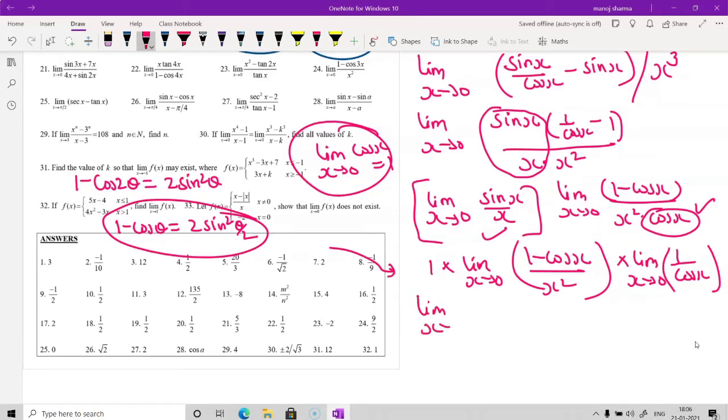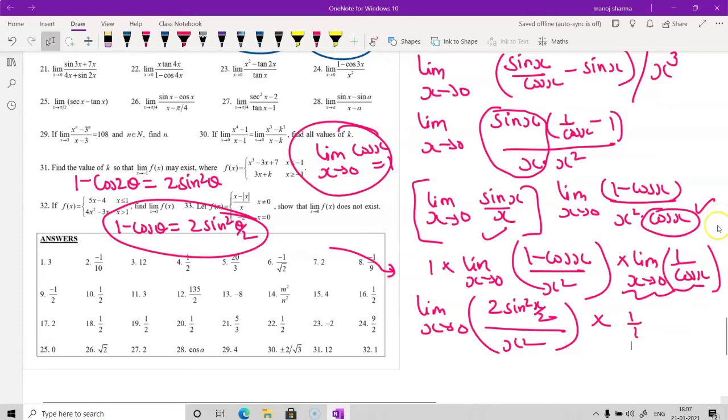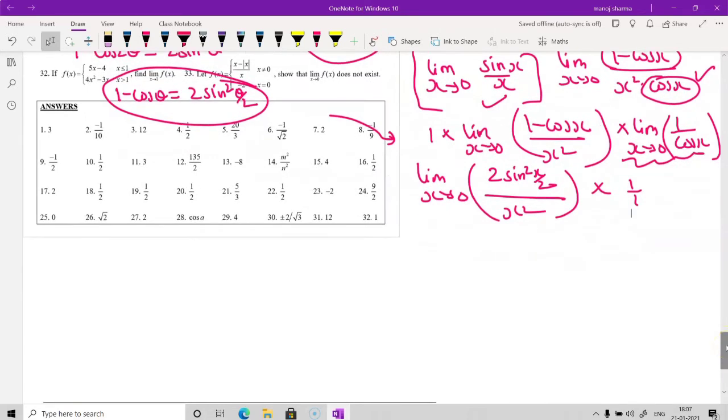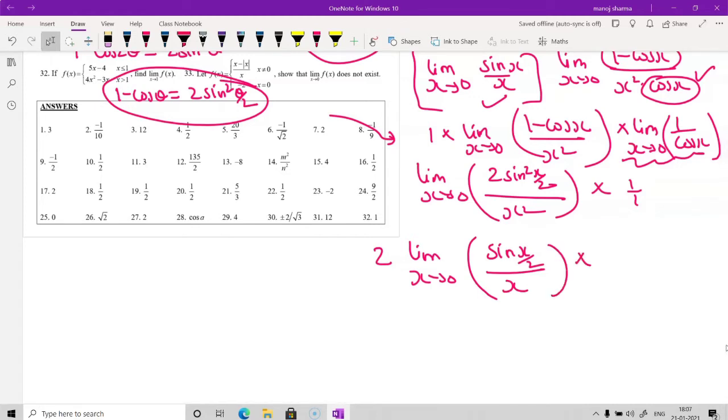Limit x tends to 0, it is going to be 2 sin square x by 2 upon x square, and the next limit is going to be 1 upon 1, which is finally 1. Now we have sin square x by 2. I am taking this 2 outside. Limit x tends to 0, sin x by 2 upon x, again into limit x tends to 0.